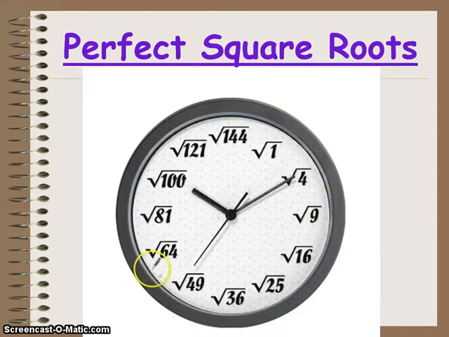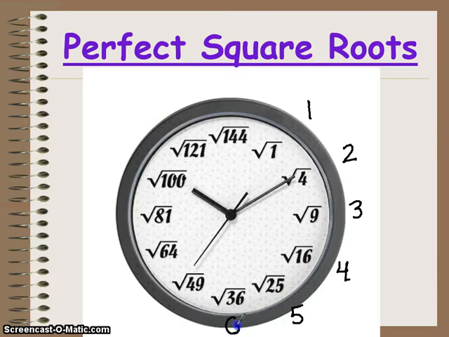I like to think about it as a clock. Here's the first 12 perfect square roots. The square root of 1 is 1 because 1 times 1 is 1. The square root of 4 is 2 because 2 times 2 is 4. The square root of 9 is 3 because 3 times 3 is 9. The square root of 16 is 4 because 4 times 4 is 16, and so forth.